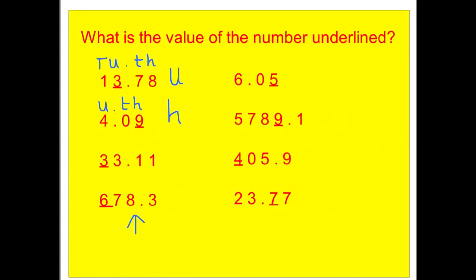Third number down, we've got tens, units, decimal point, tenths, hundredths. It's a 3 underlined, it's 3 tens, which is 30, but it's tens. And my fourth number down, hundreds, tens, units, decimal point, tenths. And my 6 is in my hundreds, which is 600. I would like you to answer the 4 questions on the right side of the screen. Once you've done so, come back to check your answer.